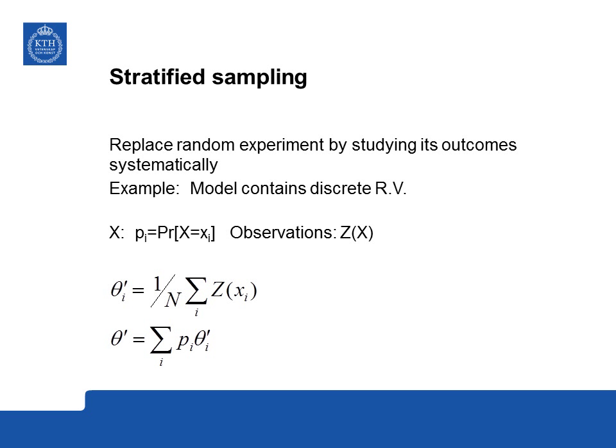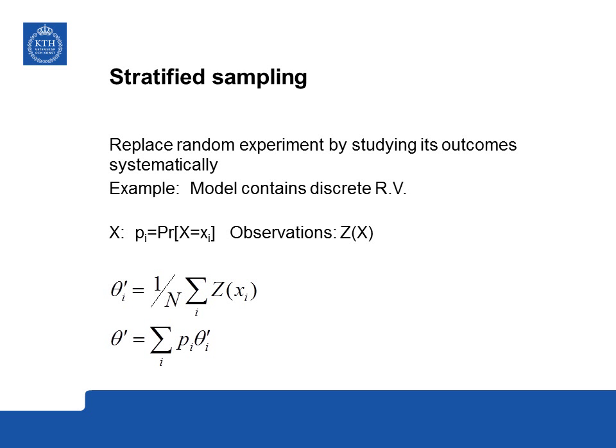The next technique we're going to discuss is called stratified sampling. And the trick here is basically to replace random experiment by studying outcomes systematically. An example is when the model contains a discrete random variable x with a probability distribution pi.